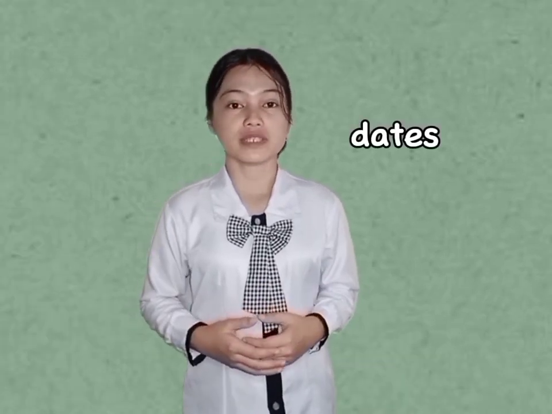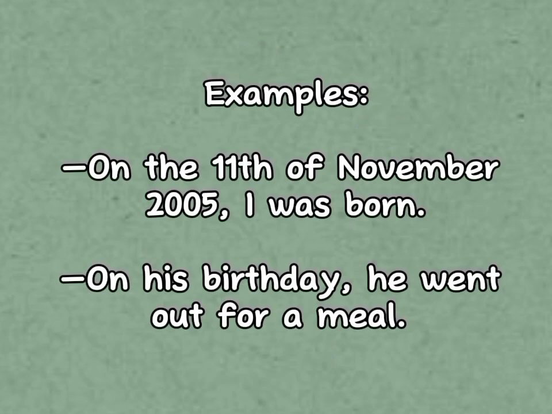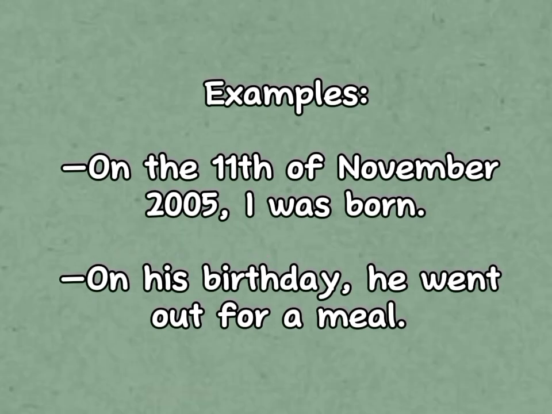Let's move on to on. It's much more specific but not quite as specific as at. We use on to talk about dates. For example, on the 11th of November 2005, I was born. Another example, on his birthday, he went out for a meal.